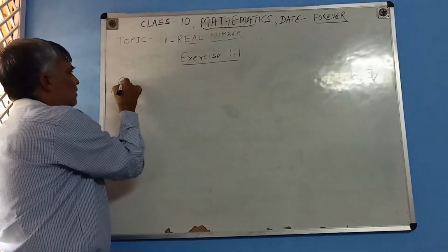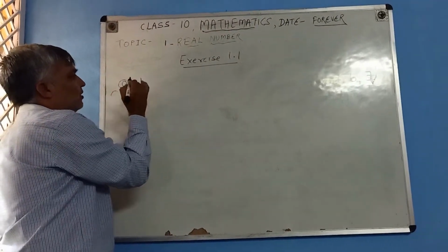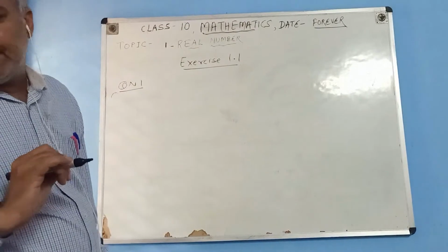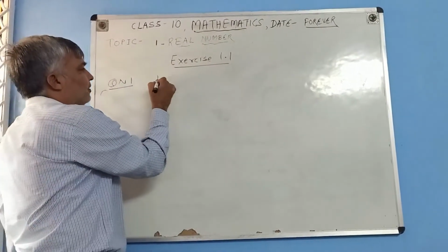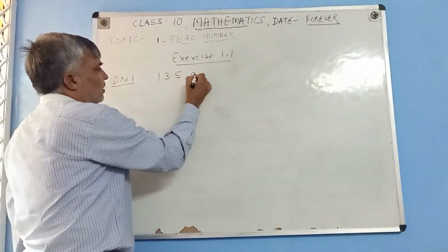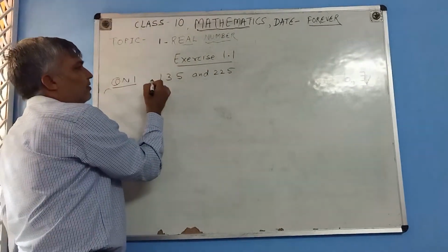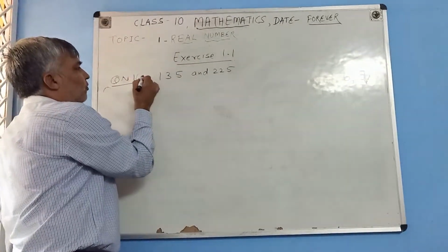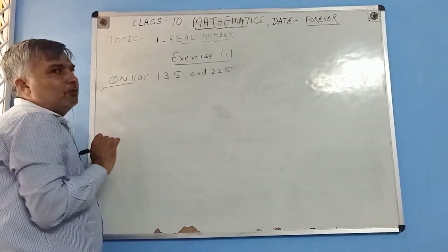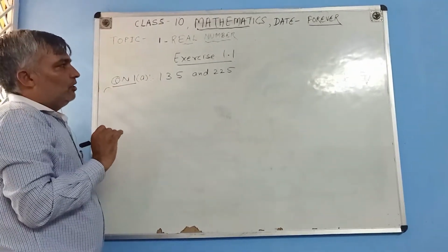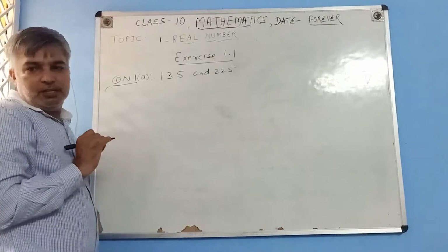Question number first: to find the HCF of 135 and 225. To find the HCF, this is our objective. First, part A: HCF of 135 and 225 using Euclid's lemma.